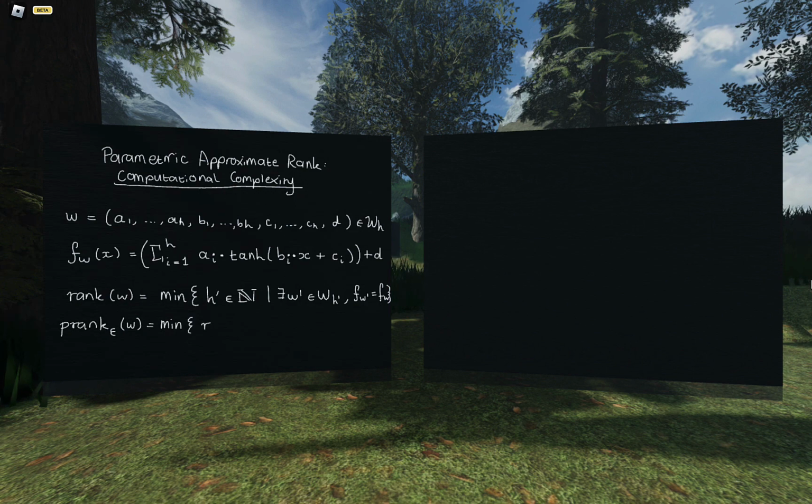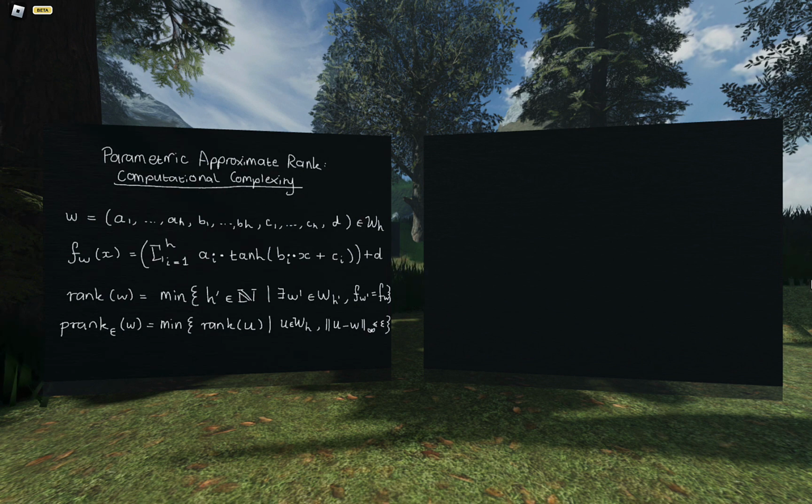So this is the min of the rank of the nearby parameter, which I'll call u. And I'm talking about u such that, well, u has to be in the original parameter space, such that the L infinity distance to the parameter that we're measuring is less than or equal to epsilon.